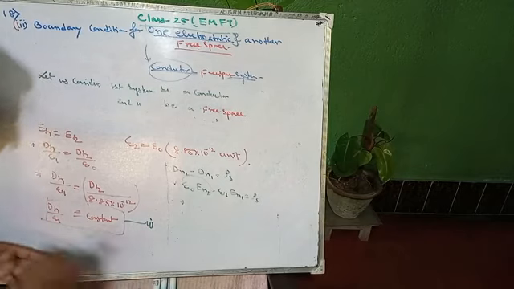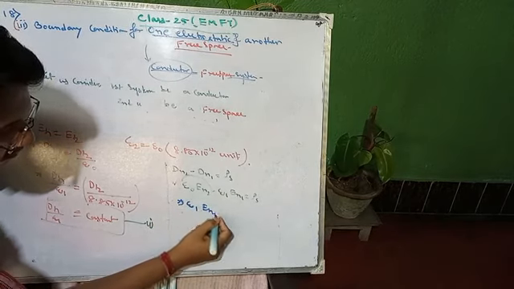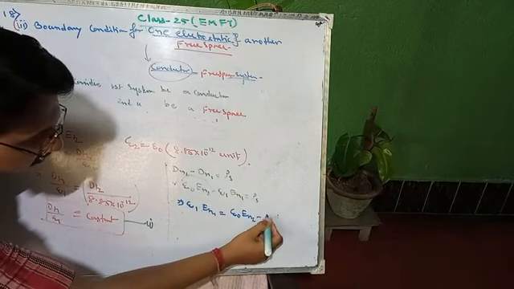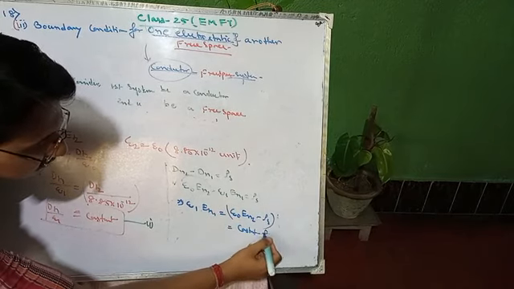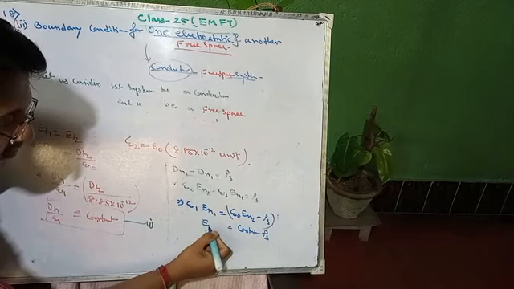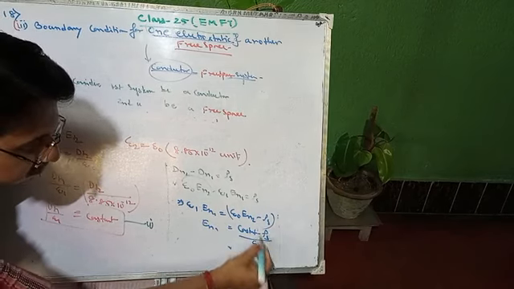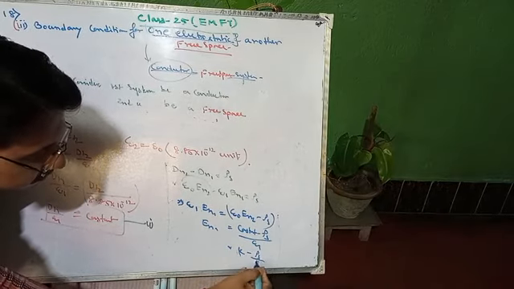That means epsilon 1 into EN1 equals epsilon naught EN2 minus rho s, so a constant minus rho s, or EN1 equals, divided by epsilon 1, again a constant. Suppose this constant is taken as k, minus rho s by epsilon 1.